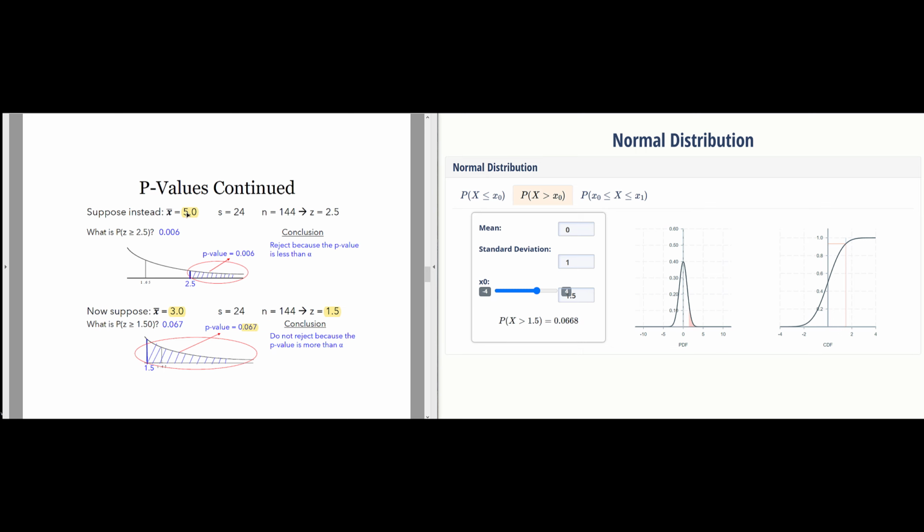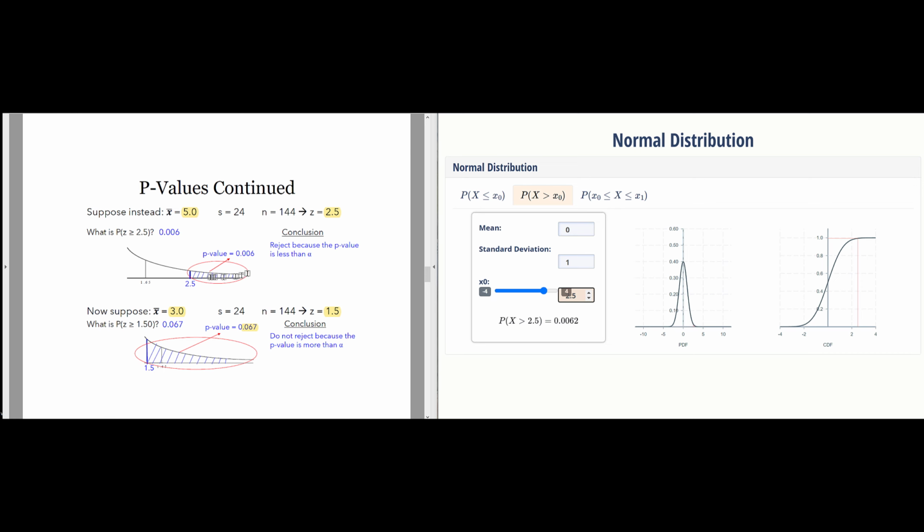On the other hand, if we have an x bar of 5, that gets us a much larger z-score of 2.5. And let's try plugging that z-score of 2.5 in. It is a very small value, 0.0062, according to my widget.